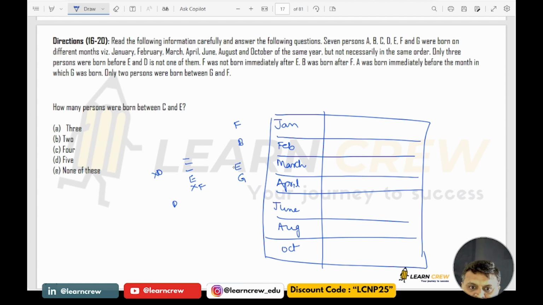So it is not EG, it is AG. AG is confirmed. Now between G and F, only 2 persons were born. So this is one possibility.